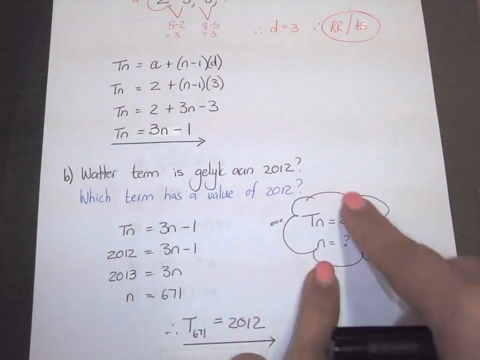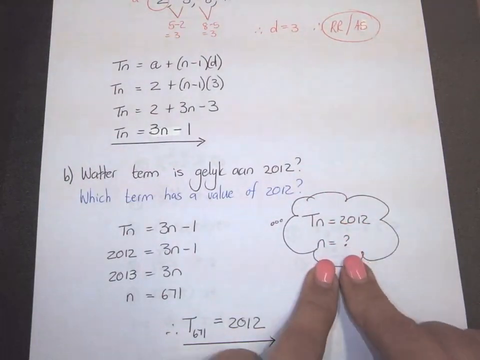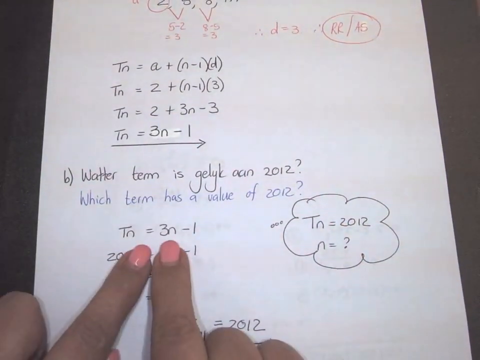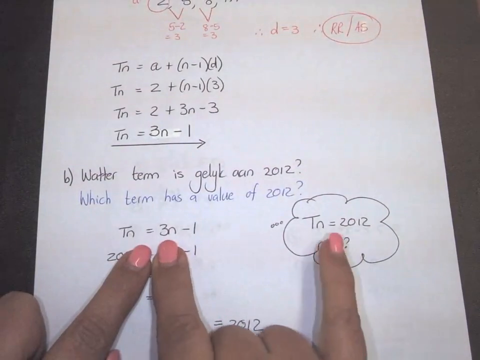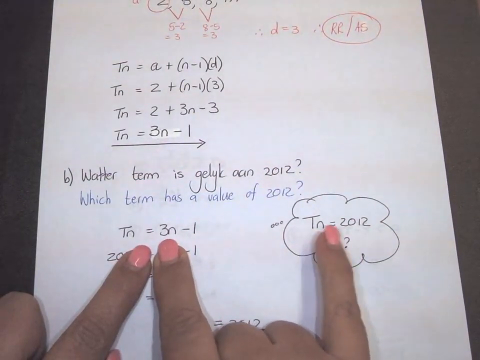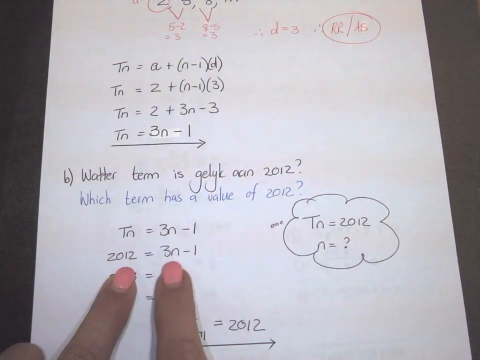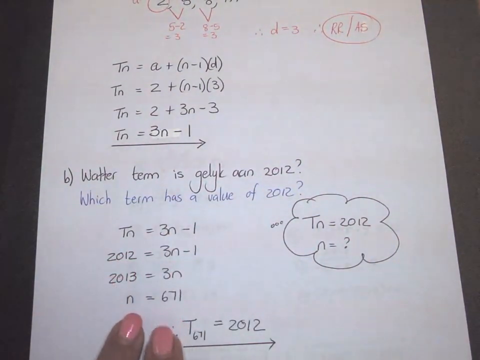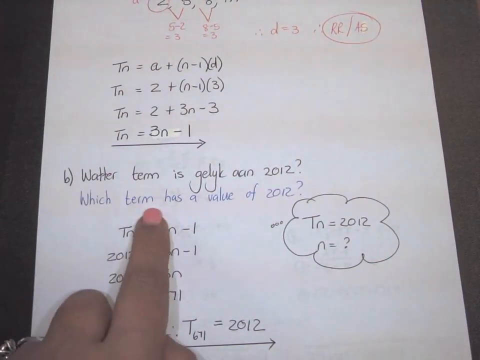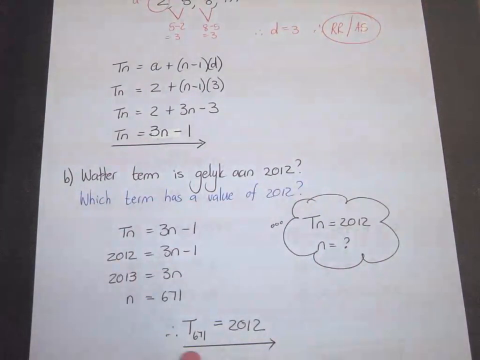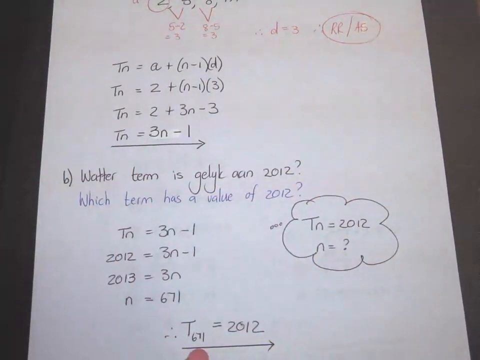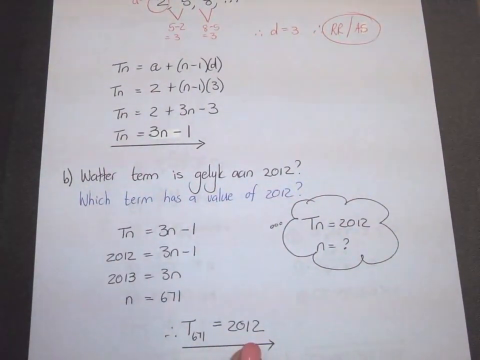This is what you should think before you attempt answering. Start with your general term. Tn has a value of 2012. And then work out n. Always end with an answer to the question. Which term has a value of 2012? Term 671 has a value of 2012.